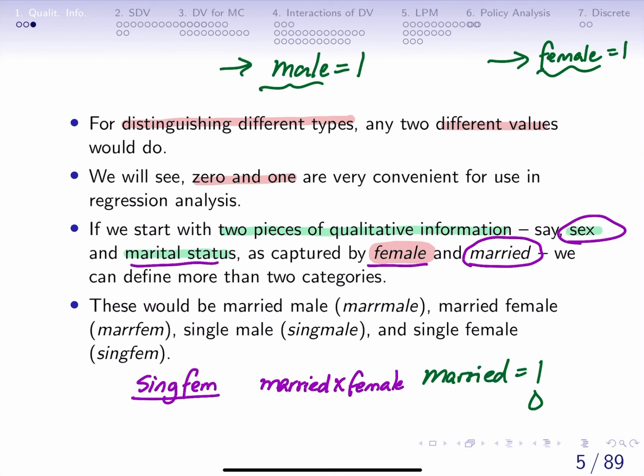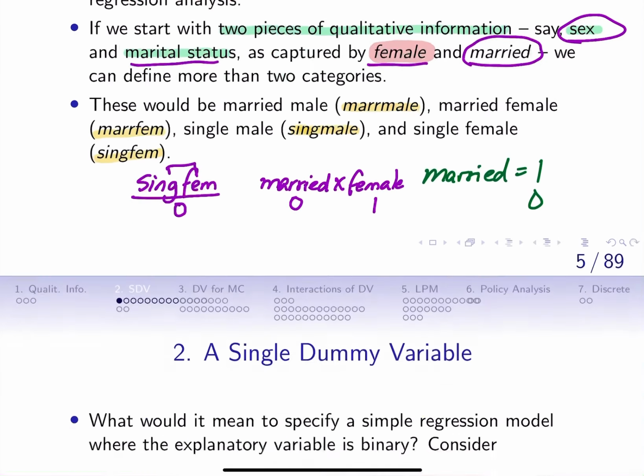If the person was single, then married would take a value of 0 and female a value of 1, so single female would be given a value of 0, if that's how we were defining it. So the 4 categories would be married male, married female, single male, and single female based on this data.